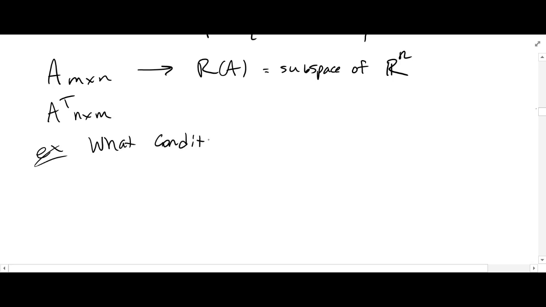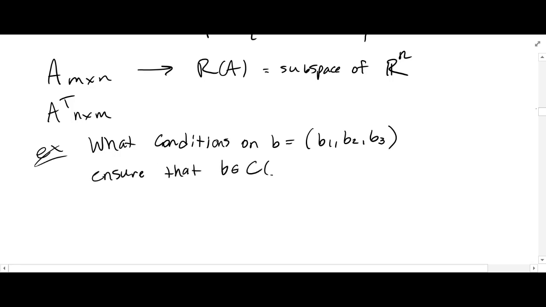What conditions on the vector b1, b2, b3 ensure that B is in the column space of A, when A is this matrix 1, 2, 3, 0, -1, 3, 1, 1, 6?